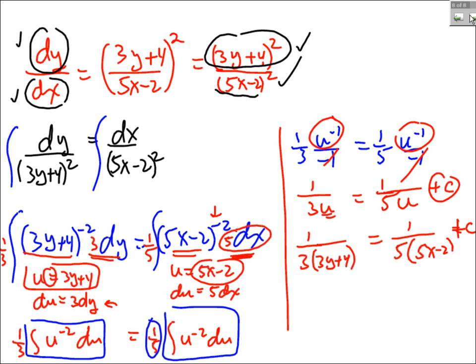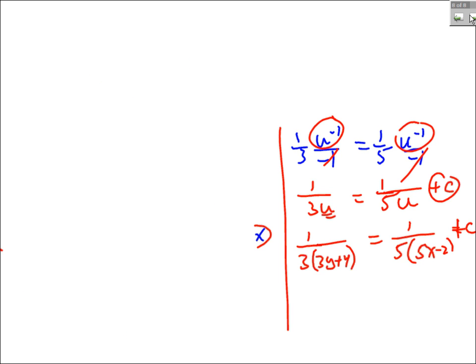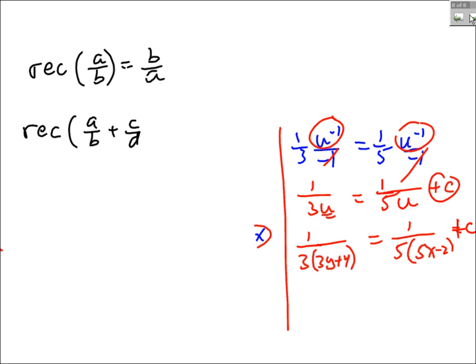But we have to be very, very careful. The reciprocal of a over b is b over a. But the reciprocal of a over b plus c over d is not the reciprocal of a over b plus the reciprocal of c over d.